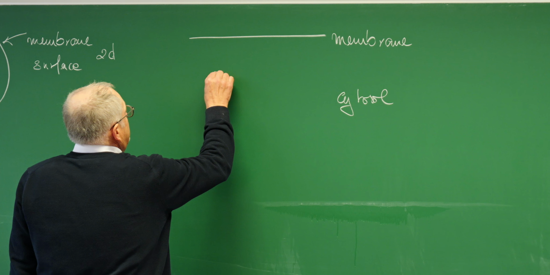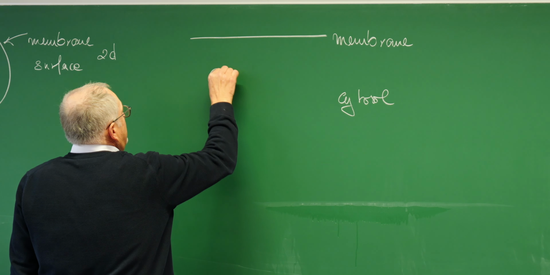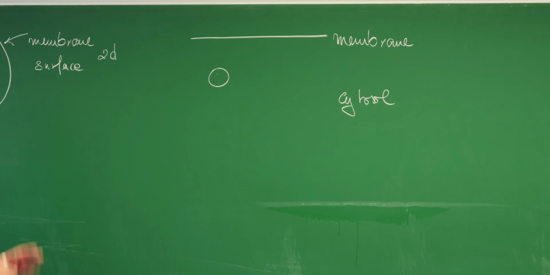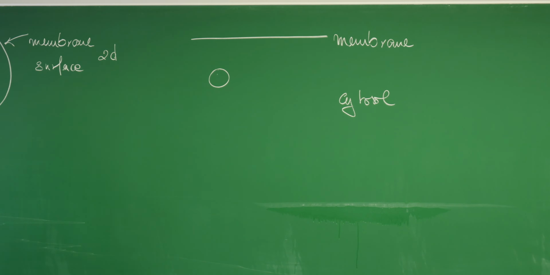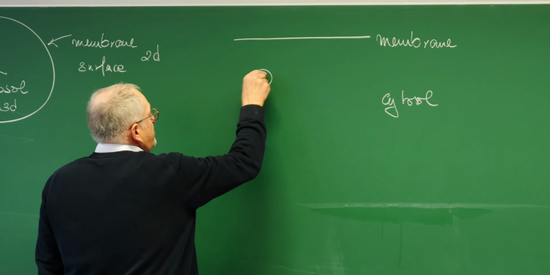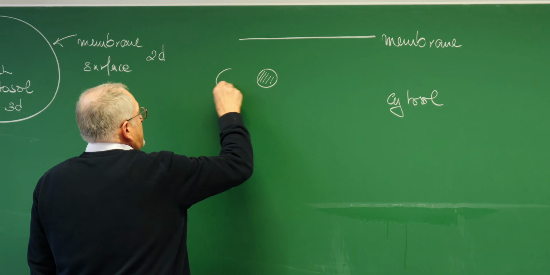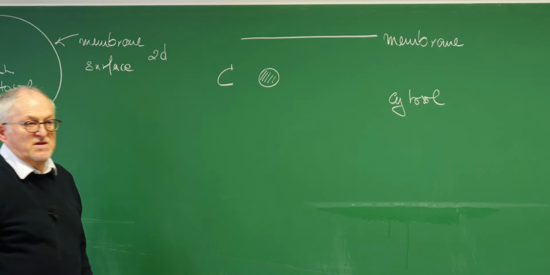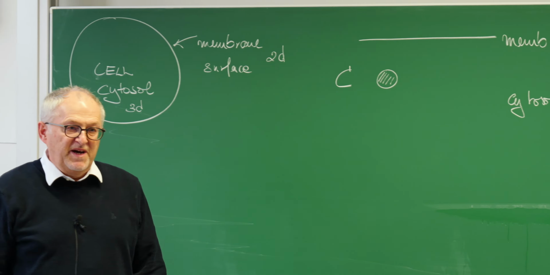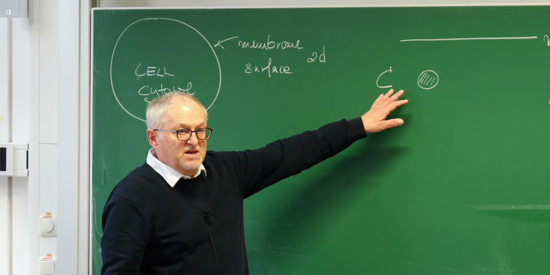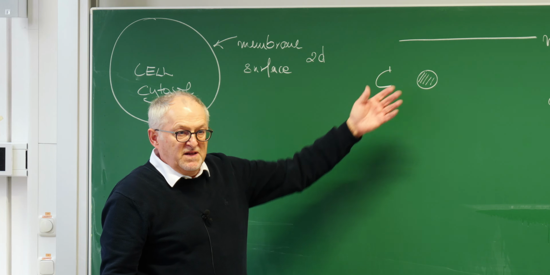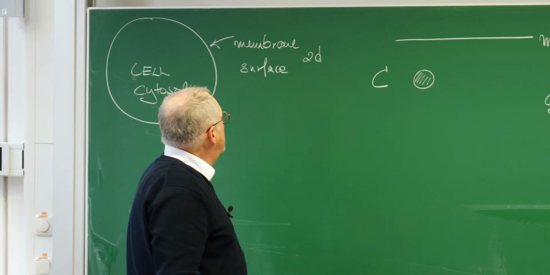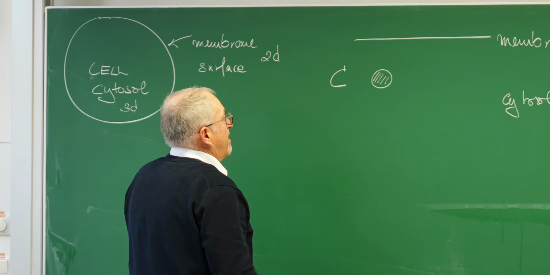So these proteins, you can visualize them, say, as little particles, 10 nanometer in size. And this protein particle here in the cytosol I call C. That was actually the original reason why I picked the name C. So that's the protein that's residing in the cytosol, in the interior of the cell.